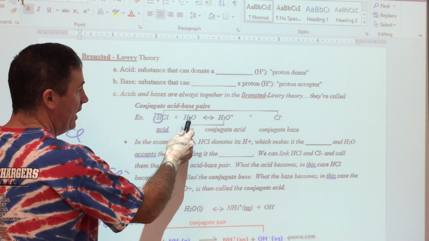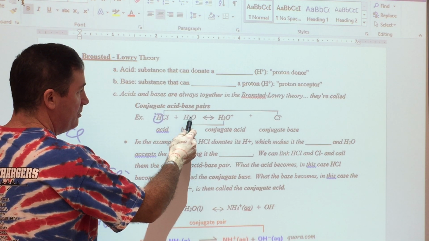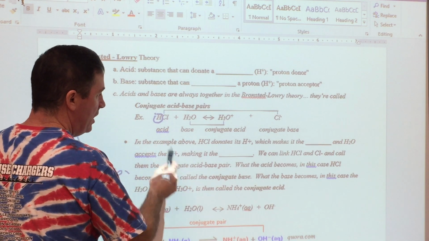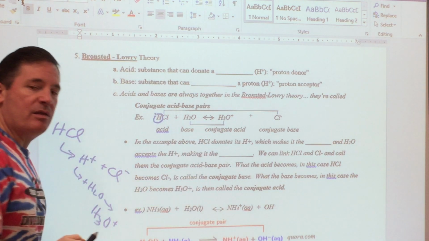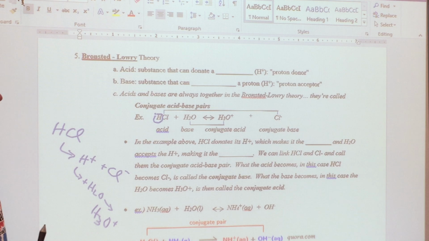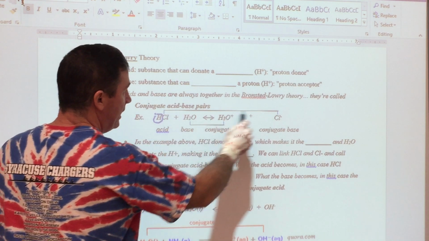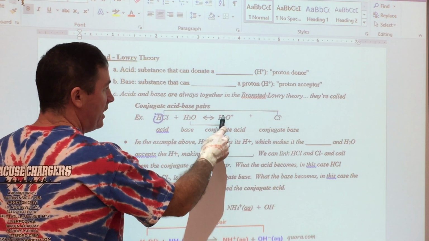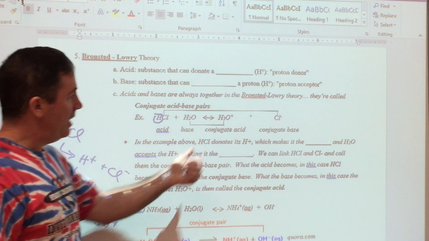The base is the one that accepts the hydrogen ion. So we've got an acid and we've got a base, and we always link them with the thing that it becomes. So the acid is going to be linked with its conjugate base, and the base is linked with its conjugate acid. Now what does that mean?